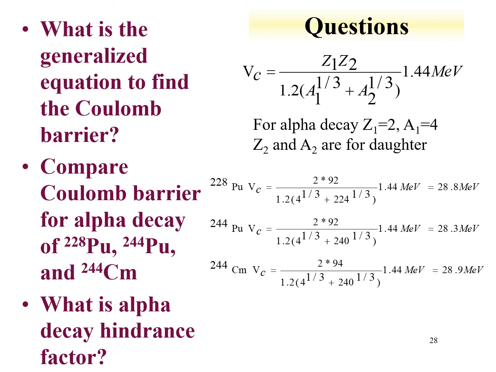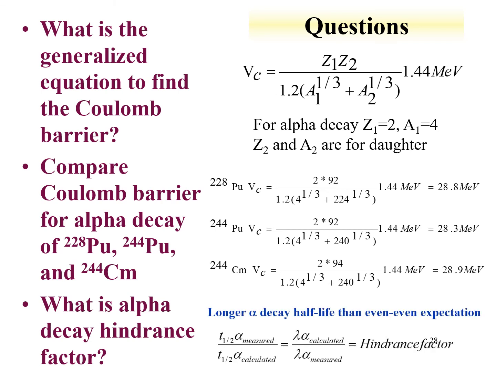Then a final question you should be able to answer based on the lecture includes, what is the alpha decay hindrance factor? Alpha decay half-lives tend to be longer than expected based upon models developed for even isotopes.